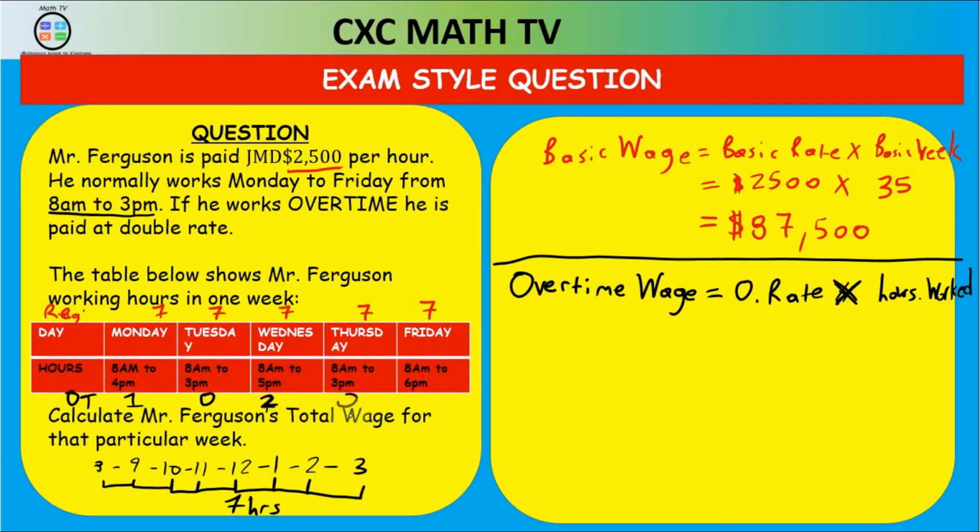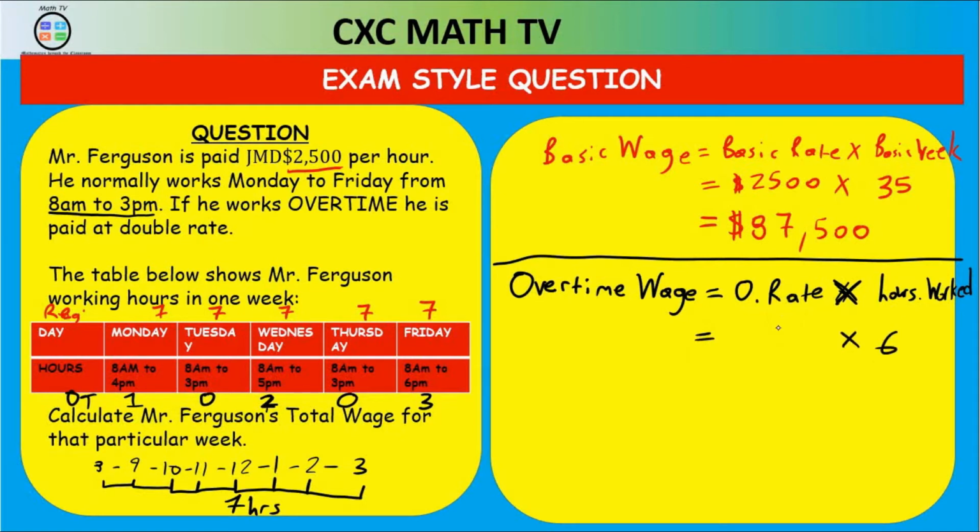Thursday, he works his normal shift and he's finished. Now on Friday, he's working, man. Look at that, 8 to 6. So he worked 3 hours overtime on Friday, right? Wow! So in total, his overtime hours seem to be 6 hours.